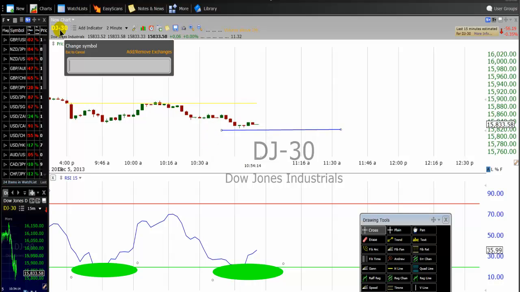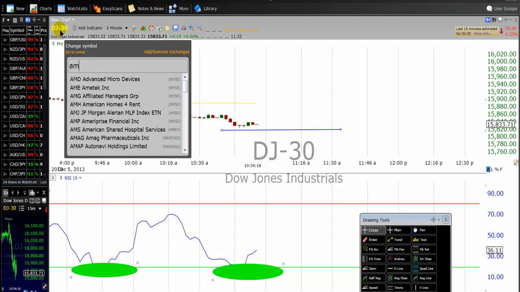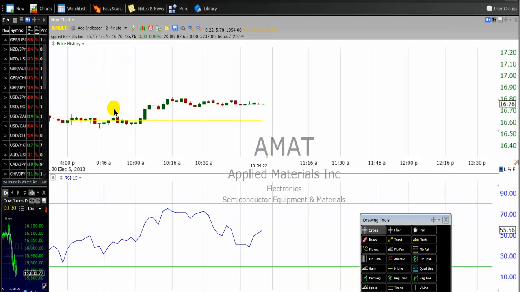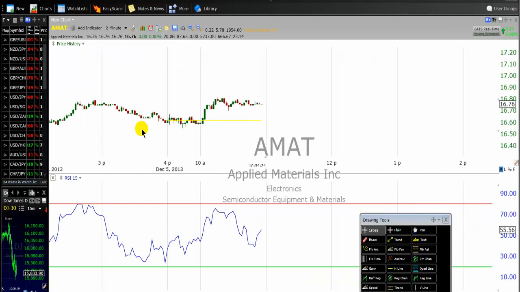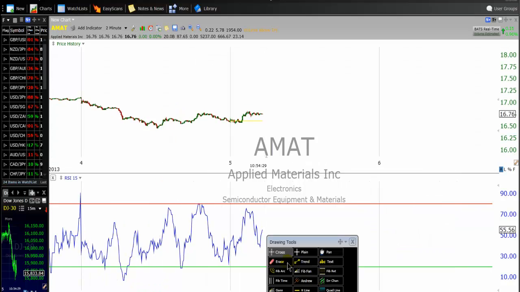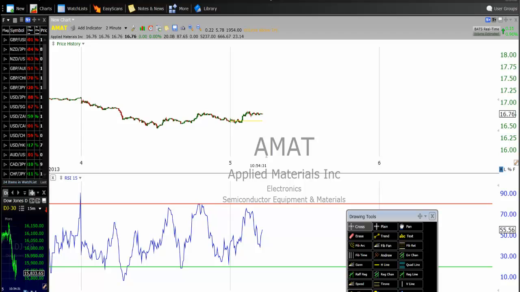The third financial instrument that we're going to look at is AMAT, Applied Materials, an American stock. Again, we are on the 2-minute chart. I have all my lines drawn already to save time. You see my RSI period 15 on a 2-minute chart.